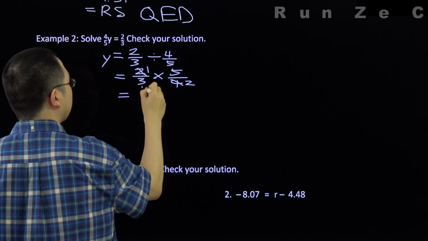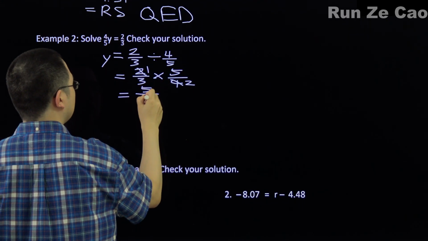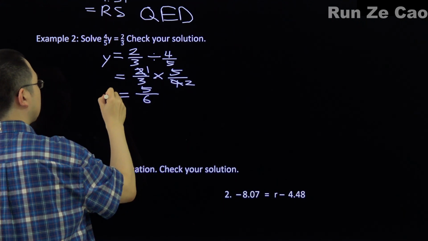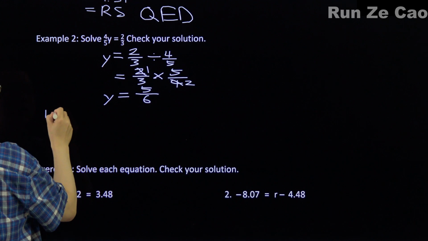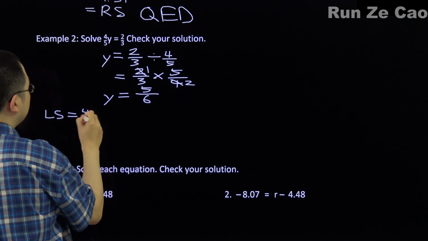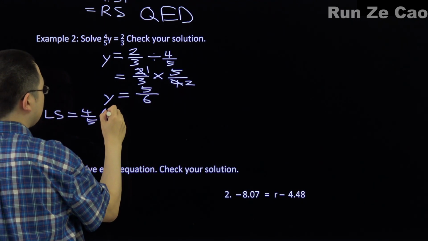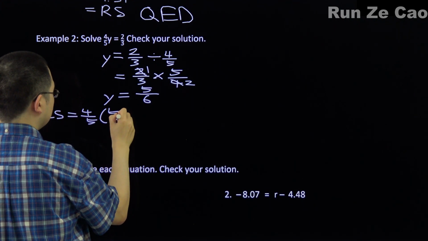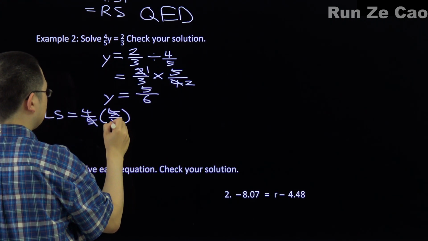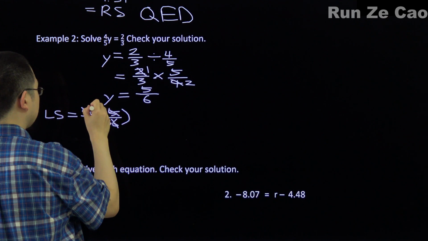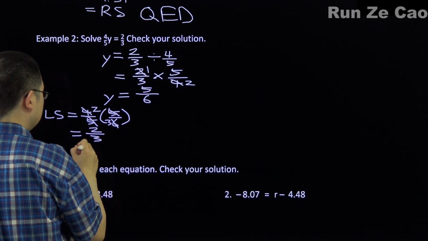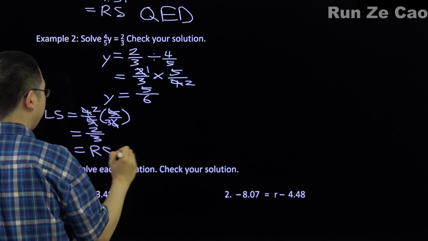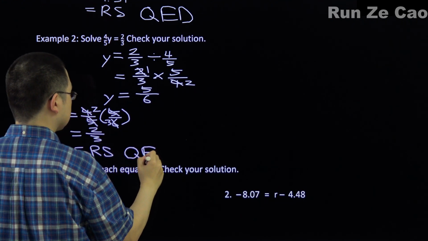So we end up with 5 over 2 times 3, which is 6. Now check our solution. Left side is equal to 4 over 5 times 5 over 6. Which means that the 5s cancel, and the 6 becomes a 3, the 4 becomes a 2, which is equal to 2 over 3, which is equal to right side. Therefore, what's asked has been shown.